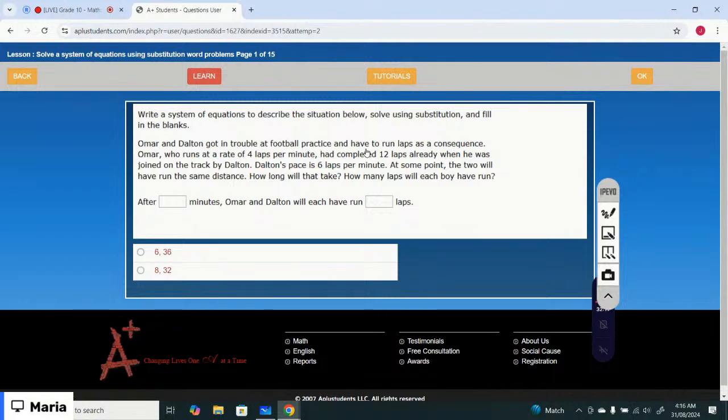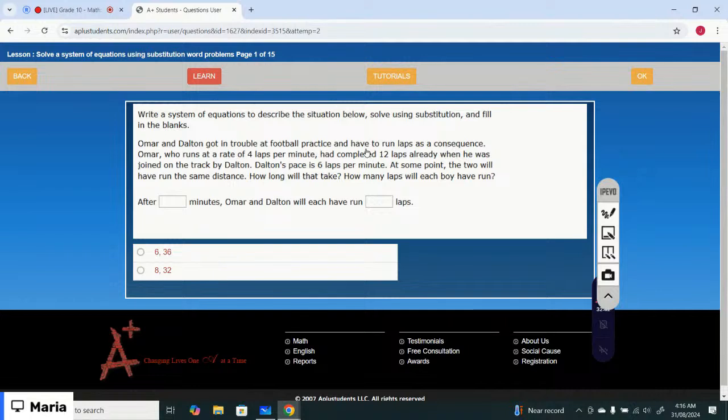Umar, who runs at a rate of 4 laps per minute, had completed 12 laps already when he was joined on the track by Dalton. Dalton's pace is 6 laps per minute. At some point, the two will have run the same distance. How long will that take? How many laps will each boy have run?